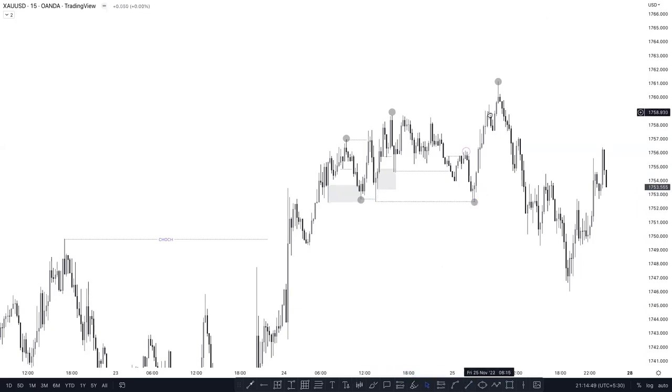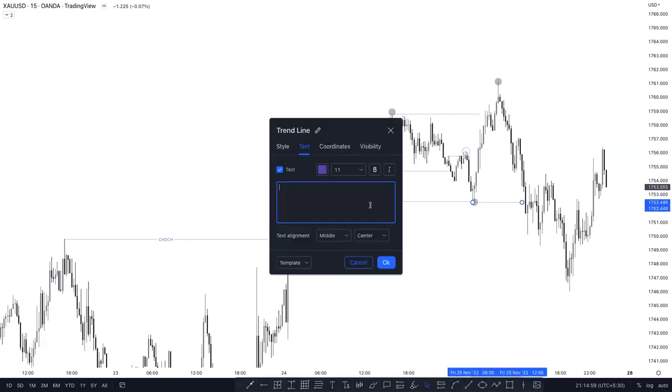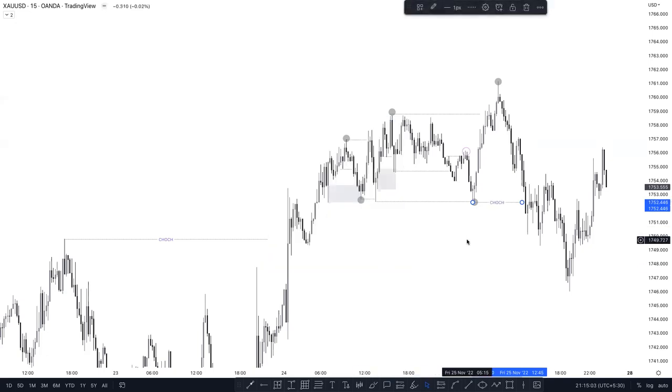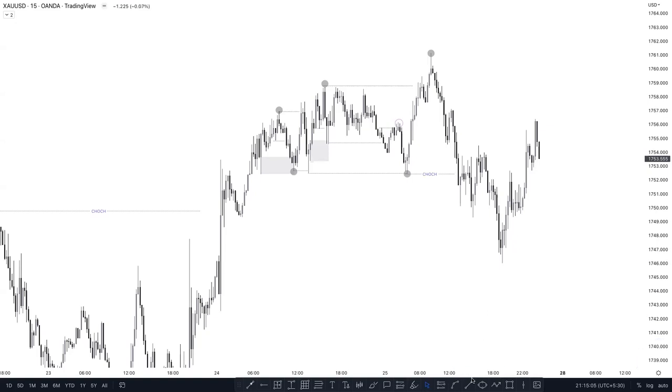right, again push higher high, break the structure here, right, and finally this one is our change of character, push downside, taken out the inducement.